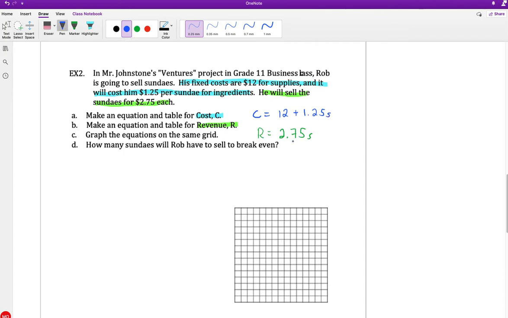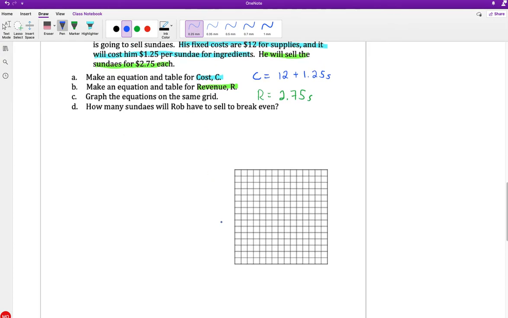S. Okay. So cost $12 for supplies, initial cost, plus $1.25 per Sunday. So that'd be like ice cream and sprinkles and bananas, whatever. He's going to make $2.75 per ice cream. So graph the equation on the same grid. Okay. So what should we go by this grid up here?